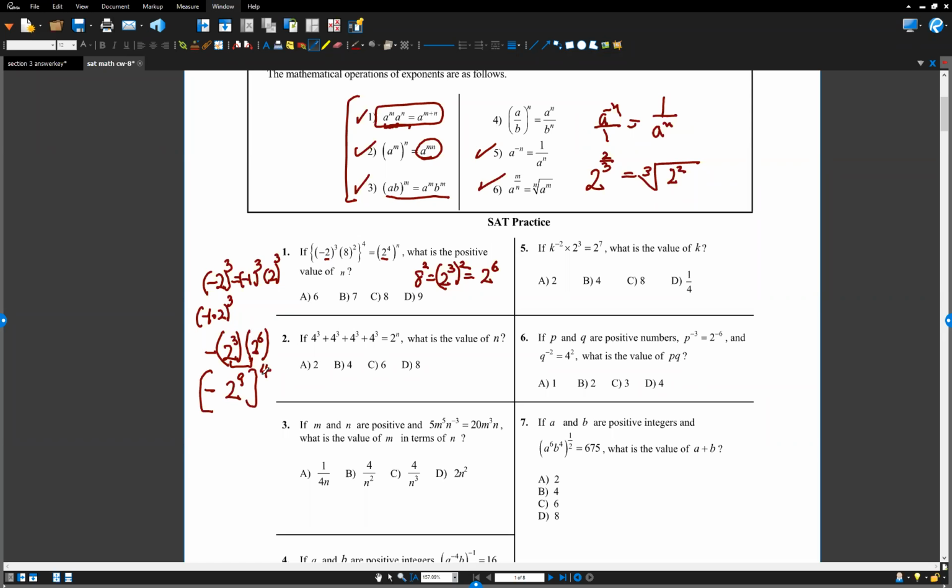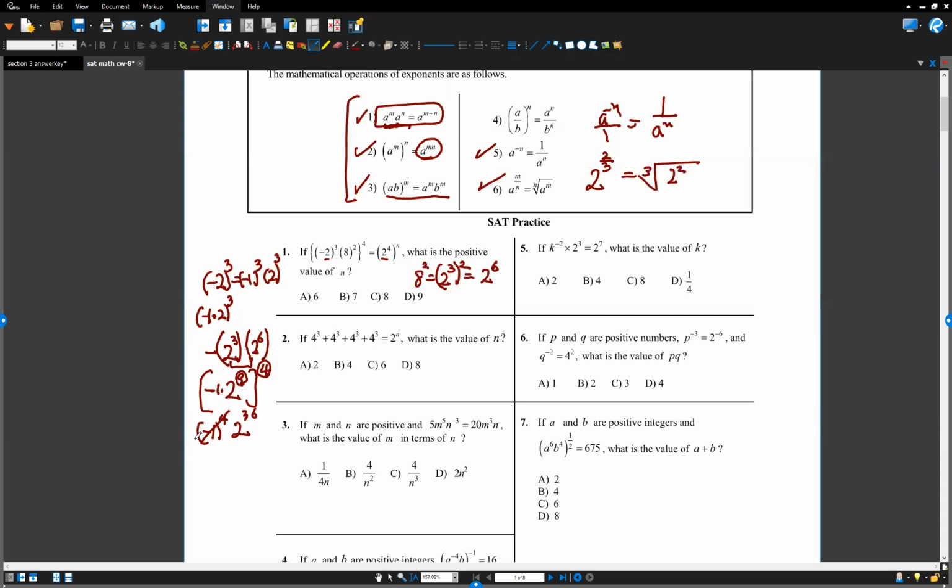Now -1 to the 4th power is a positive even power: negative, positive, right? Now -1 is out. Still, this is positive. 2 to the 9 times 4 is the 36 power, but this is a positive one.